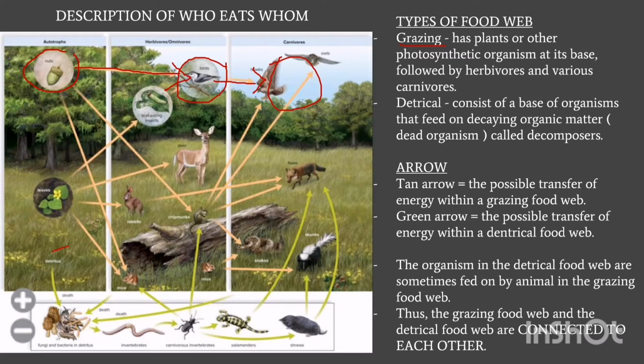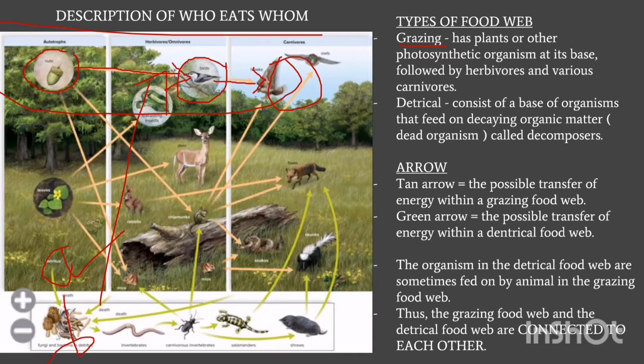So for the detrital food web, detritus, the fungi and bacteria in the detritus remain as dead organisms. So they are related. A large portion of this remains in the grazing food web, illustrated in this figure that I just explained.